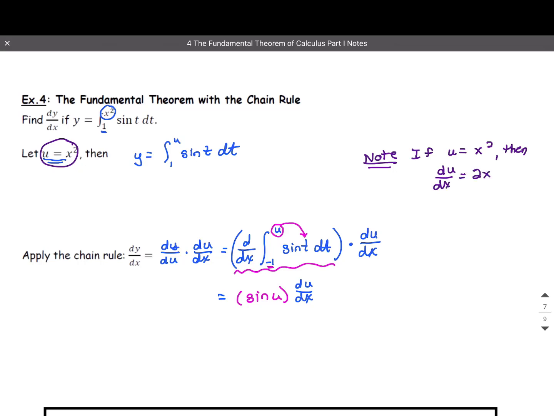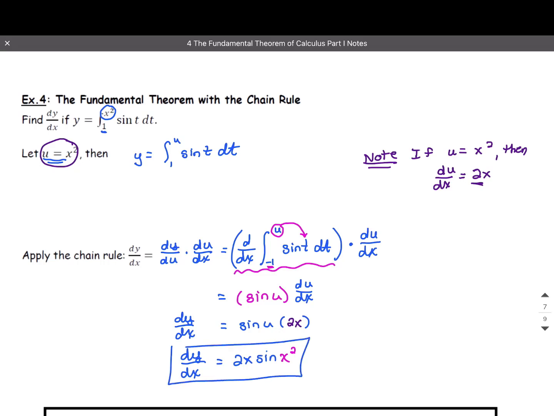So that means we can rewrite this dy dx here as the sine of u times, and du dx is 2x. Now the other thing we also have to remember is we don't want a u in there. I'm going to write the 2x up front. And sine, but what was the u? u was x squared. So here is our answer.